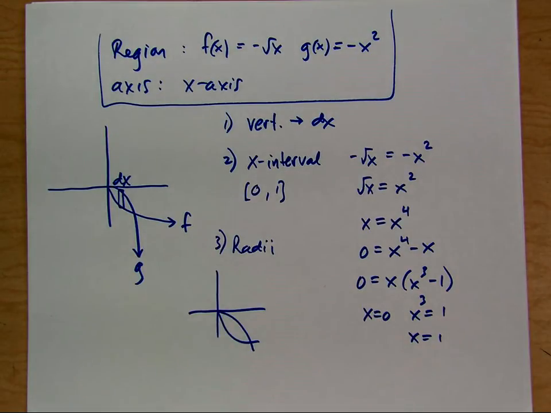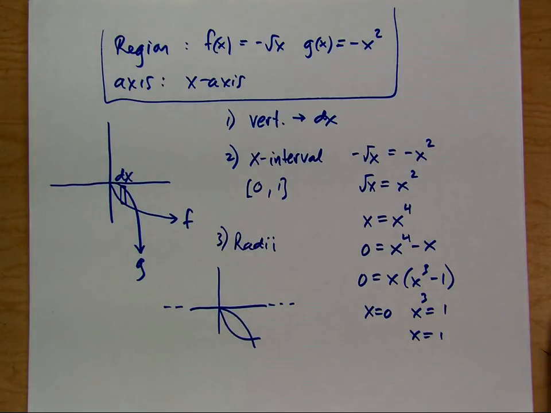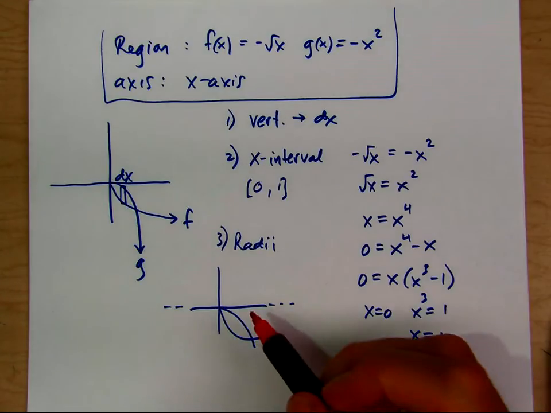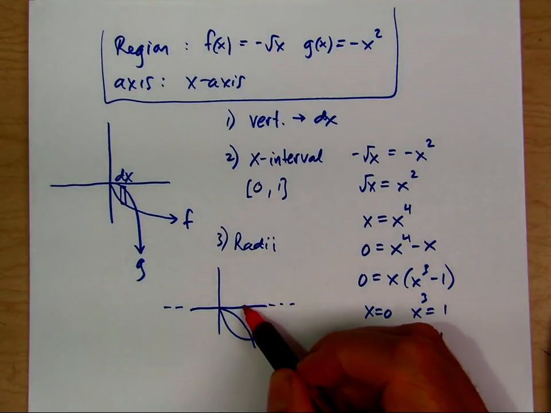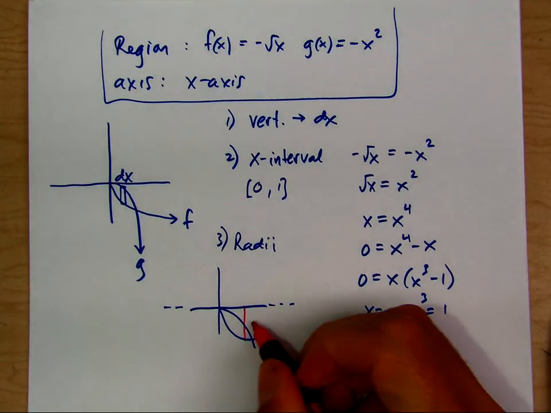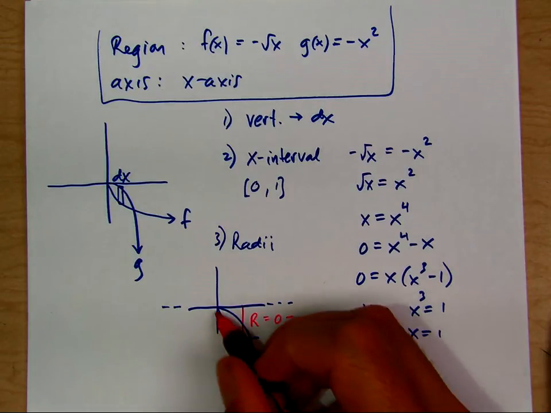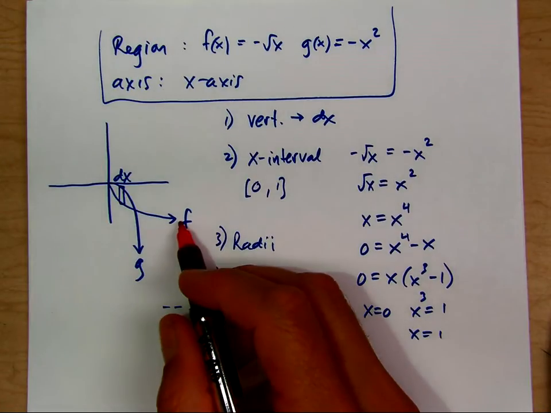So we have the graph. The axis is the x-axis, and we will find the big radius starting at the axis and going to the furthest part of the region, is big R, and that's top minus the bottom, and the bottom is f.